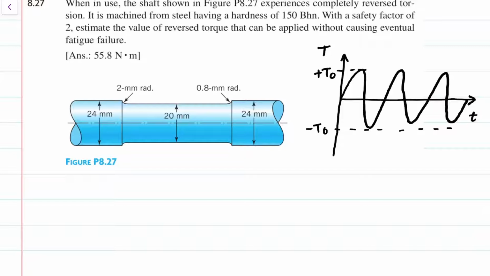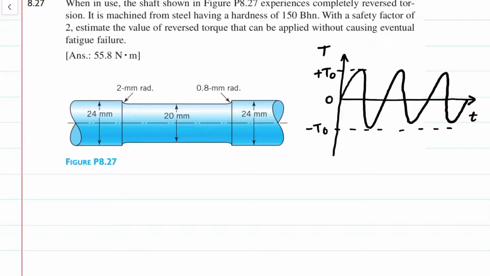It is centered about zero, and the maximum value is T naught, or some torque, and the minimum value is negative T naught. So there is a fixed amplitude which is equal to T naught, and the amplitude is from the center of the wave, or the mean value, which in this case is zero, to the peak value, which is T naught.